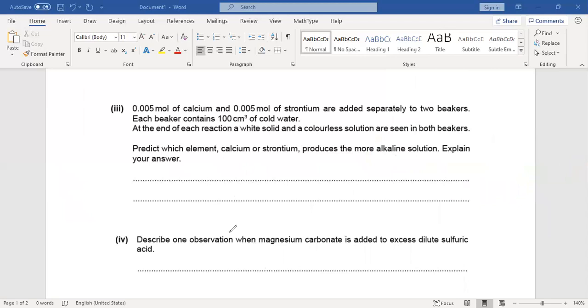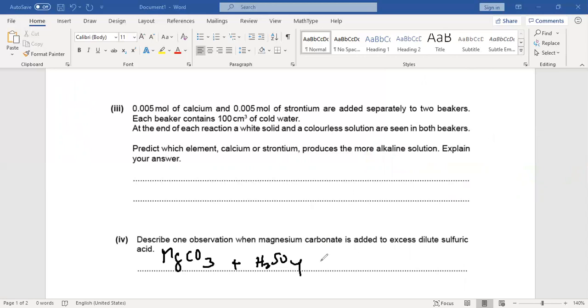Describe one observation when magnesium carbonate is added to excess sulfuric acid. So we will have magnesium carbonate plus H2SO4.